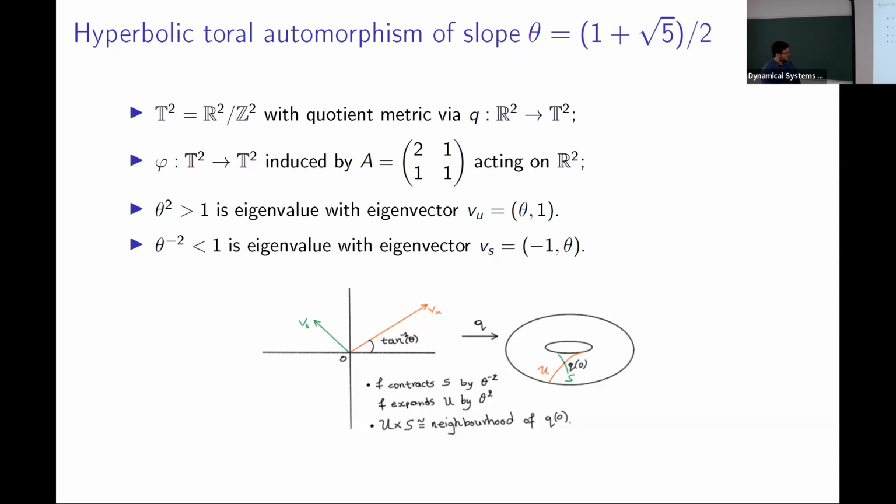What else? So, yeah, contraction and expansion, and moreover, you can see that these unstable and stable sets, if you take the product of those, they will give a neighborhood around the point, a rectangular neighborhood. It won't be a disk, okay? A rectangular neighborhood. And we will come back to that later on.